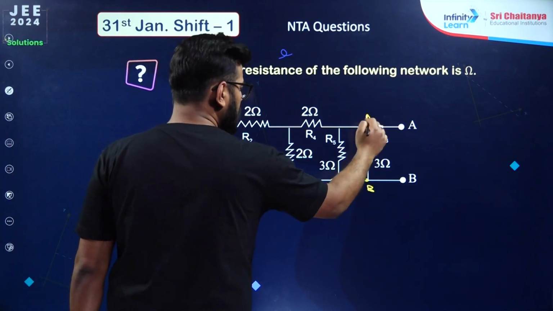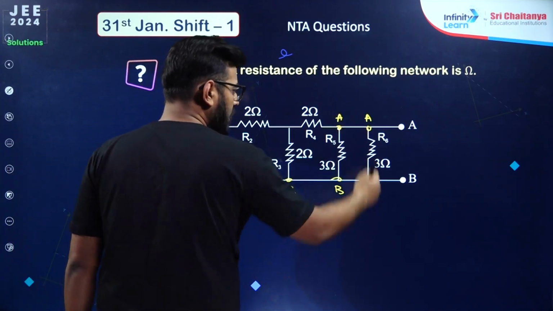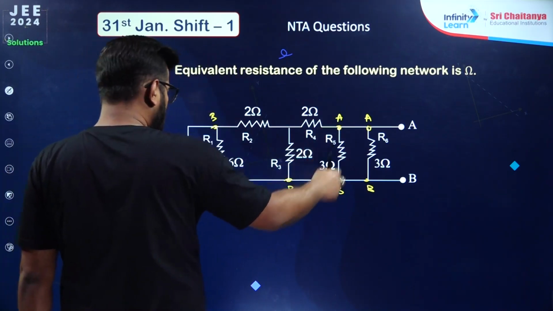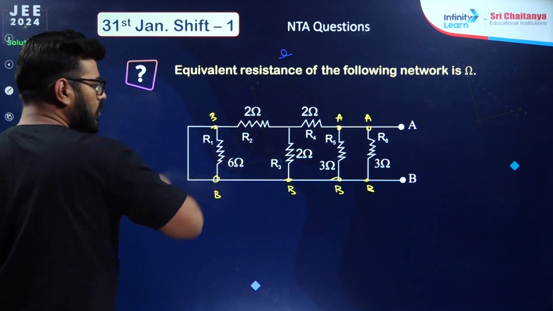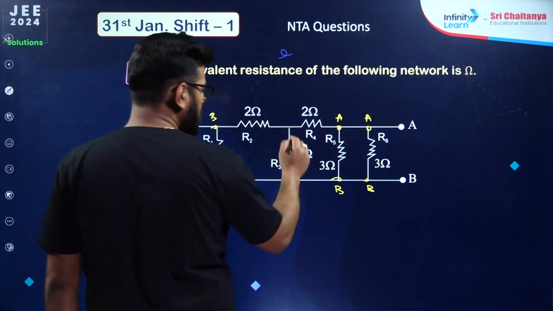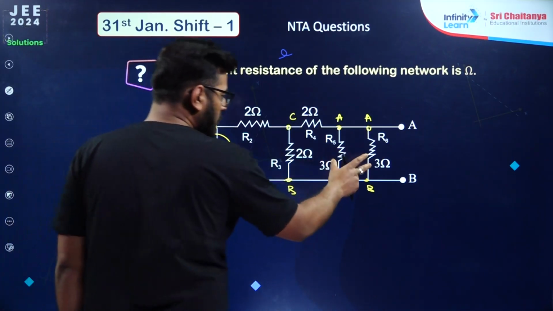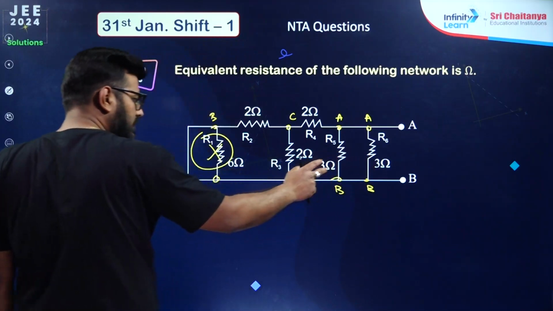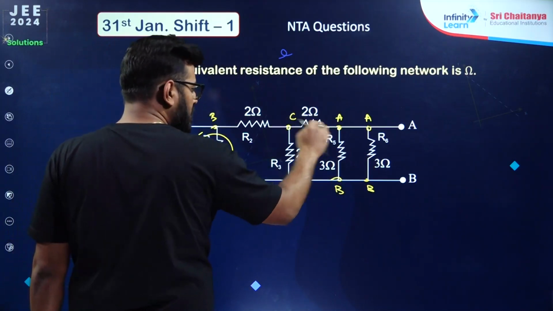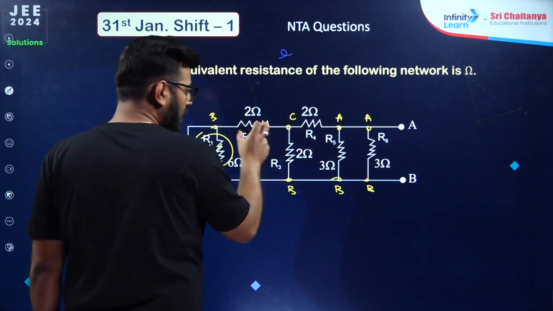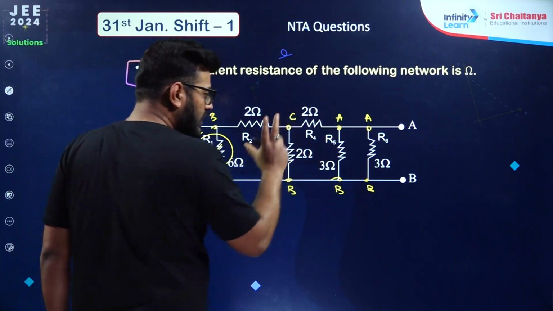And over here also this will be A, over here also this will be A. So this is between A and B. And this resistor is short circuited, so no use of this, right? No use of this, and this is going to be C. So no current through this one. These two are in parallel, and then CB, CA, and then again CB. So this and this again are in parallel, and C to A is the circuit.